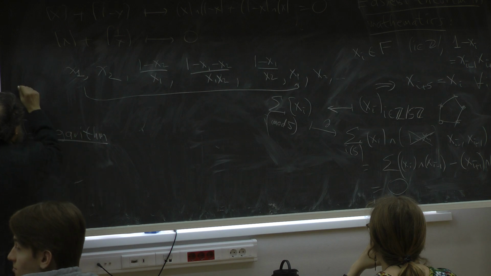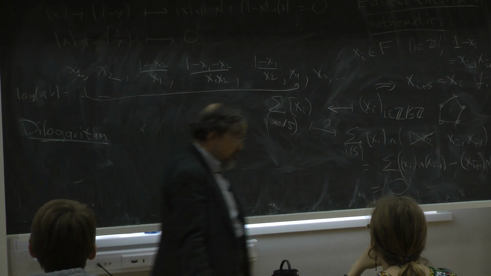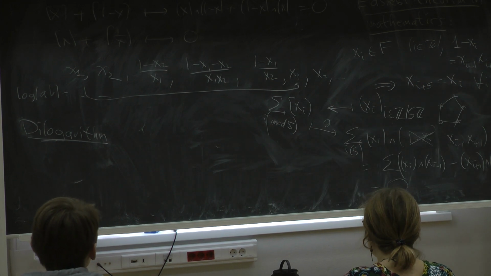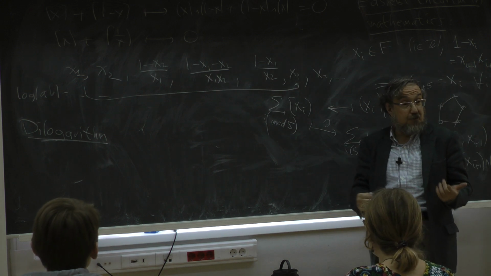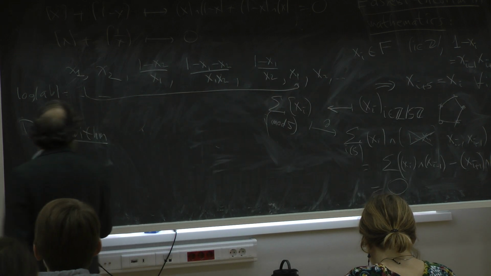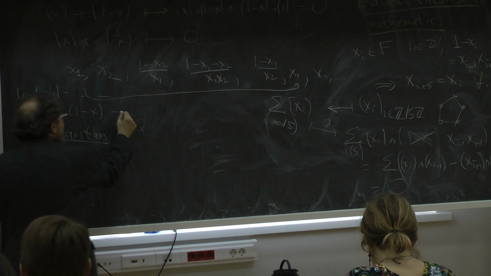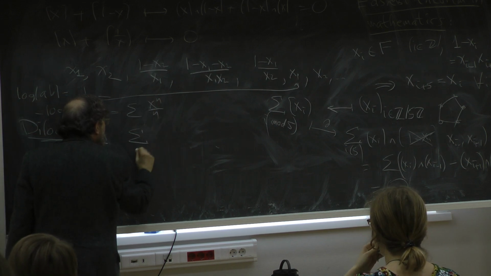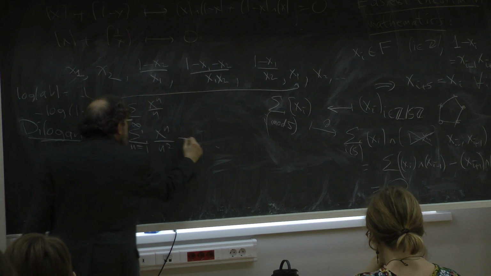The usual logarithm we know satisfies log of AB equals log A plus log B. So the log converts the multiplicative group F cross into an additive group, which is what we're doing here. But we know by Euler that minus log of 1 minus x is the sum of x to the n over n. So Euler invented the dilogarithm, and also the trilogarithm, which is what I want to use.